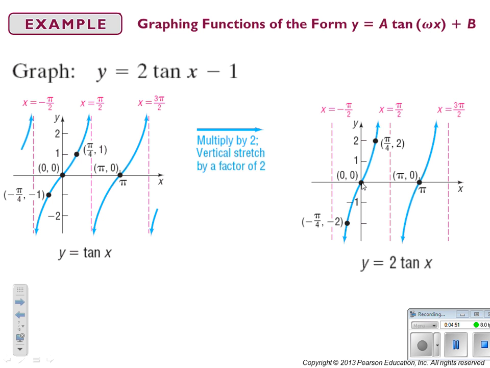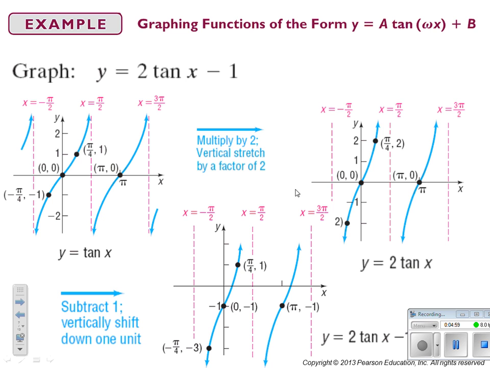So start with your middle one. We're still going to go through, let's get our move down 1. So instead of being here at 0, 0, we're going to be here at 0, negative 1. And then we're going to go over pi over 4 up 2. Draw that. See how it's not as fat in the middle?